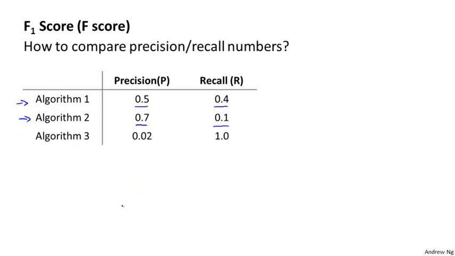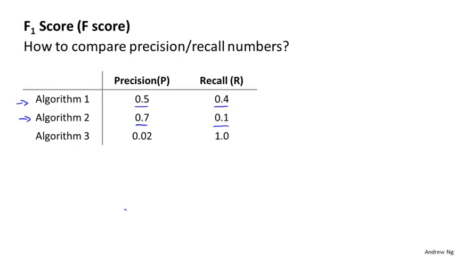And if every time you try out a new algorithm, you have to sit around and think, well, maybe 0.5, 0.4 is better than 0.7, 0.1, or maybe not, I don't know, that really slows down your decision-making process for what changes are useful to incorporate into your algorithm.